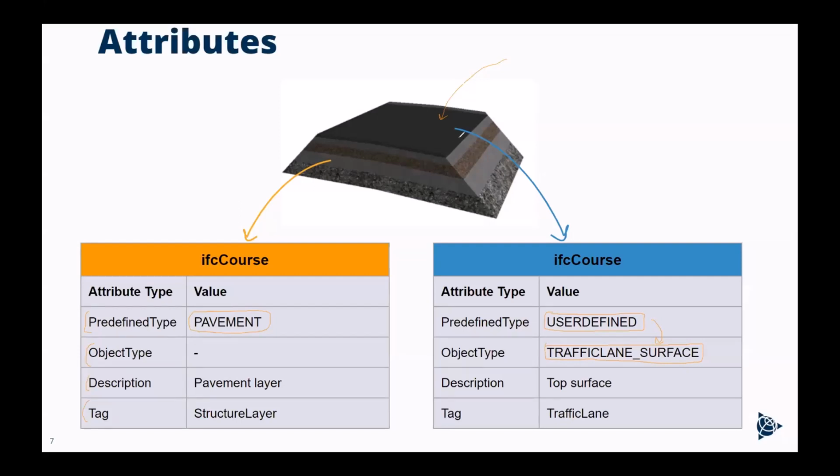library. So in some cases we use user defined, but we wanted to stick to the predefined types which are default in the schema. So in our conversion rules, which I'm going to tell you a bit more about later, you will find a lot of predefined types, but also some user defined ones, and this object type is just what we suggested, but it could be easily changed by you.